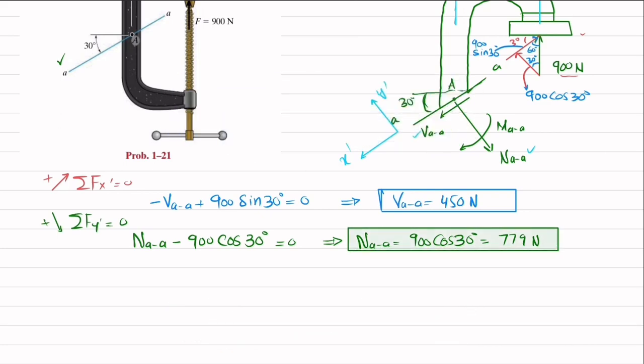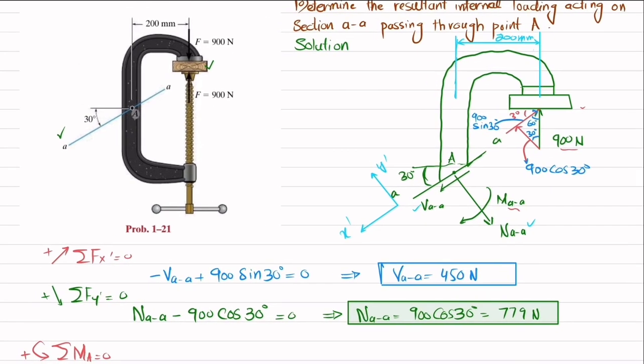So you have NAA as well. We will find this moment MAA. So we will apply equation of equilibrium that sum of all moments about point A is equal to 0, taking the counterclockwise moment as positive. So about point A, one moment is MAA, which is clockwise, so it will be negative. The second moment about point A will be this load 900 into perpendicular distance, which is 200 millimeter, and this is producing counterclockwise, so it will be positive.